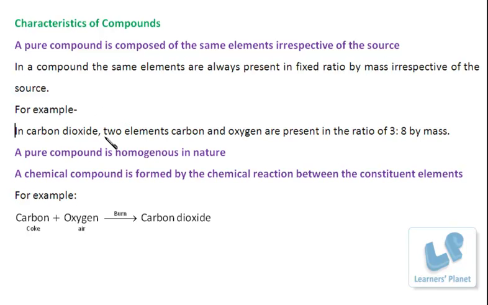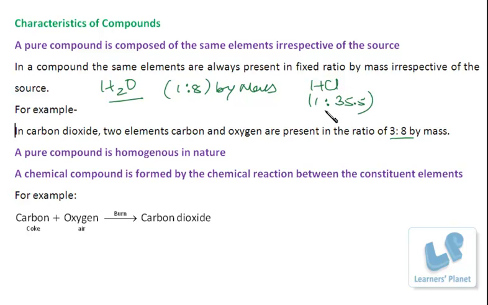Say, for example, carbon dioxide. The two elements carbon and oxygen are present in the ratio of 3:8 by mass. Water: the elements hydrogen and oxygen are present in the ratio of 1:8 by mass. Likewise, I can take hydrochloric acid, HCl. The mass of hydrogen is 1 and the mass of chlorine is 35.5.